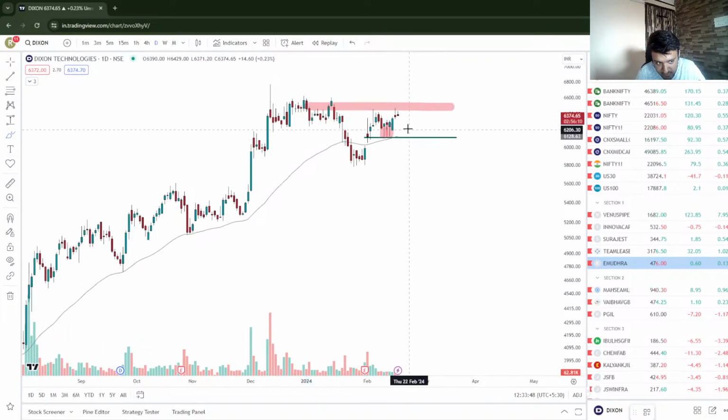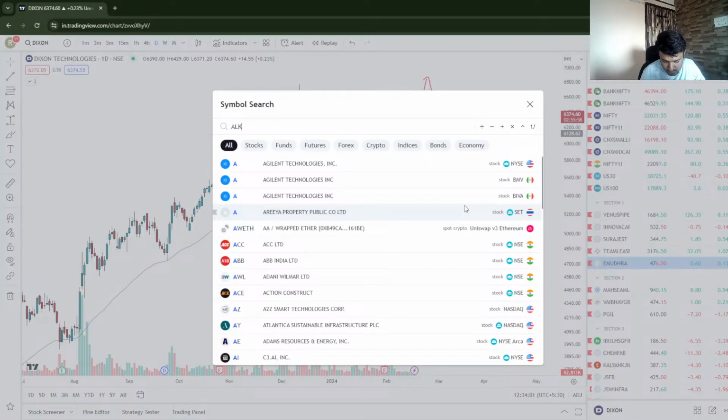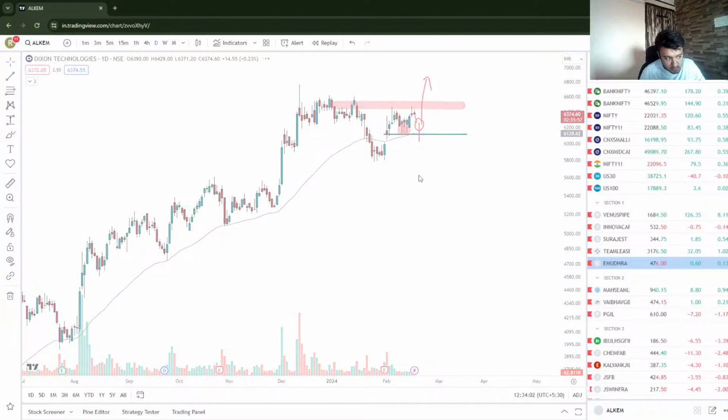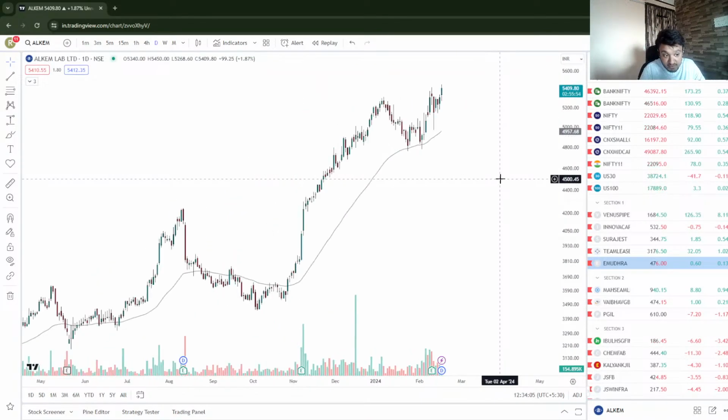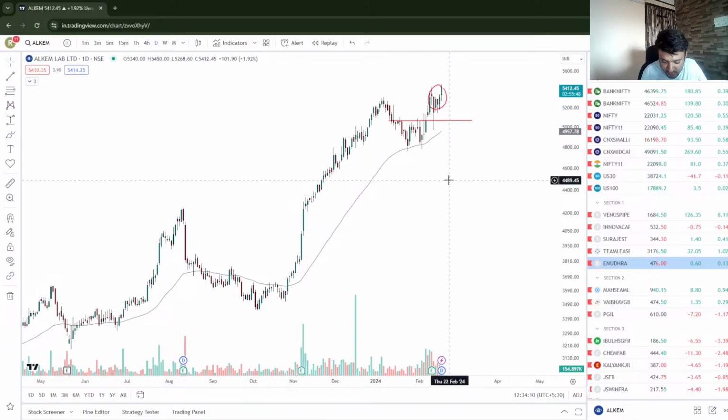So maybe if it pulls back and there's a wick from the demand, then you can buy it. It's not bad. It's a good chart. Alchem Labs is already gone. It's already too high up. Nothing here.